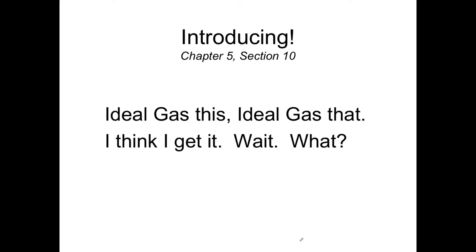First of all, I think I warned you at the beginning of the chapter that in our last section we would say, all right, let's talk about real gases at some point. Now it turns out I've been saying all along PV is equal to nRT, but I've constantly said for an ideal gas.